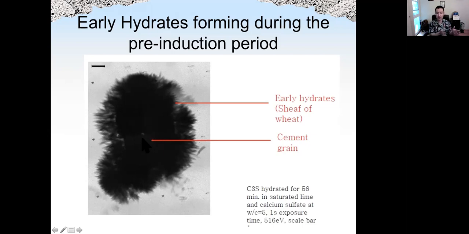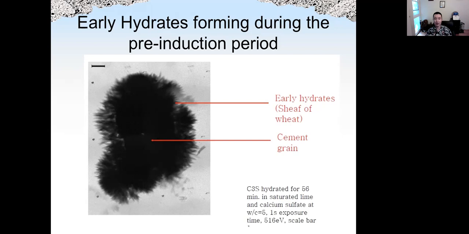So remember the three verbs again: dissolve, diffuse, and precipitate. First of all, water will dissolve ions such as calcium and hydroxide from the cement grain.